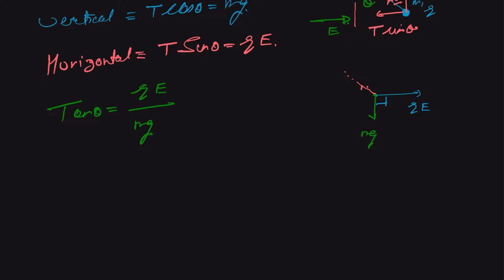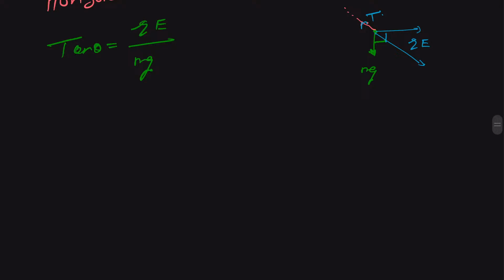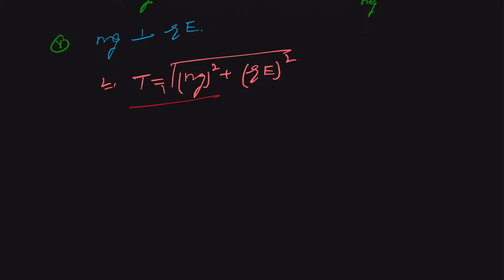So the resultant of these will be in this direction, which will be equal to our tension T. Since mg is perpendicular to QE, we can write tension T will be equal to the square root of (mg) square plus (QE) square. So this is the magnitude of the tension.